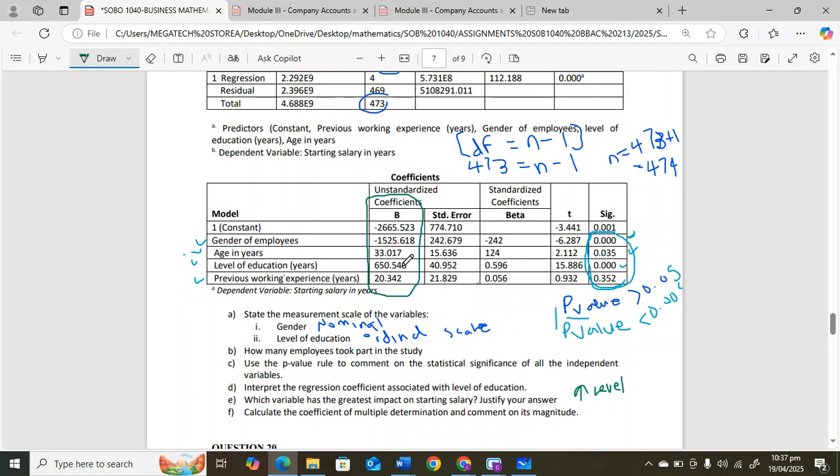If you increase your education level by 2 years, then you just multiply 2 times 650.548. So basically, there's a positive relationship between level of education and your salary. So if you increase your level of education by 1 year, salary increases by 650.548.